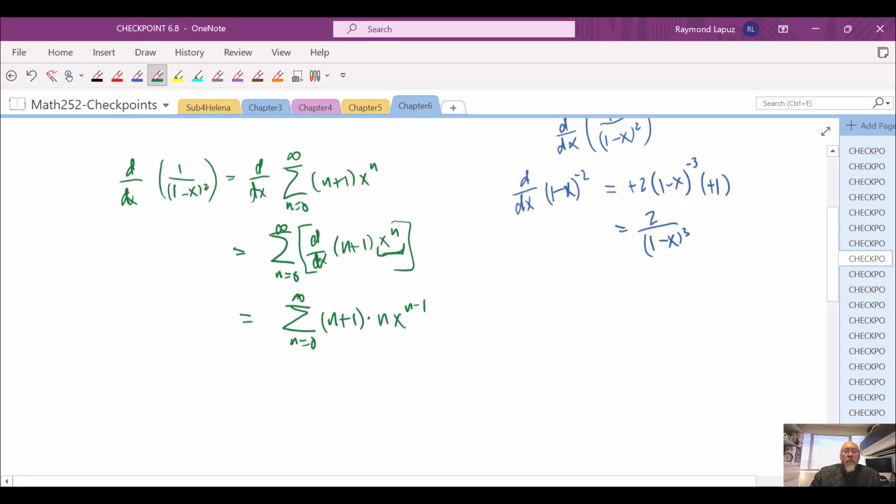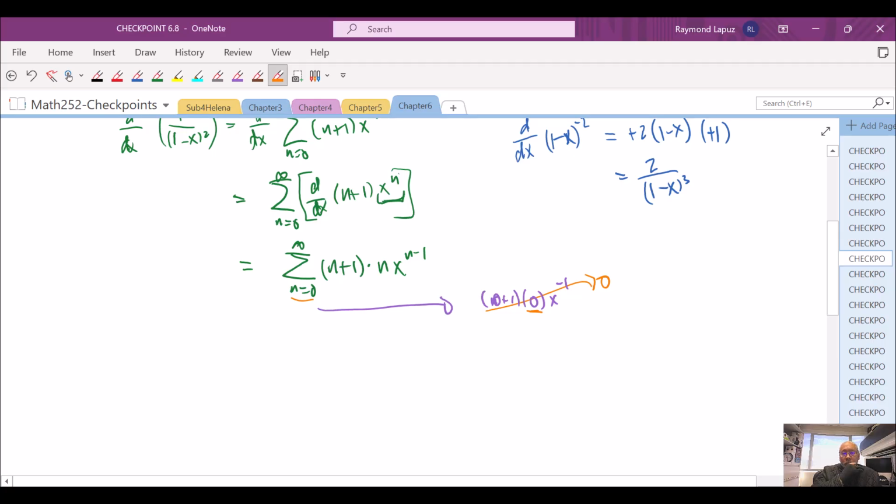Now, just as a side note here, if we put n equal to 0, this is going to be 0 plus 1, so that's going to be 1. This is going to be 0, and this is going to be x to the negative 1 power, which technically is not going to be a series anymore. But wait, this is equal to 0 because this whole thing is equal to 0. So n equal to 0 is not going to matter for us.